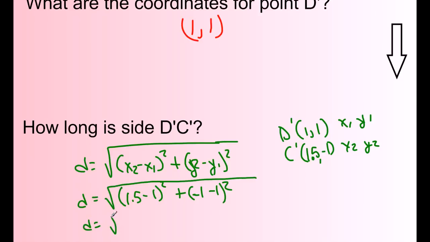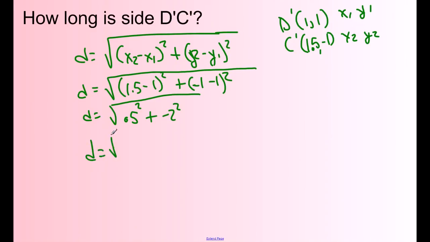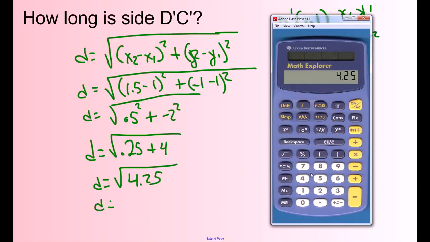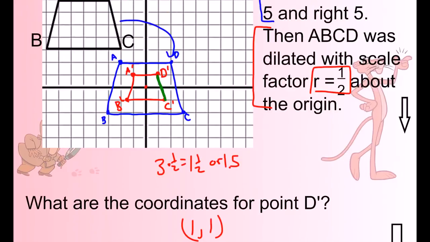D equals the square root of 0.5 squared plus negative 2 squared. 0.5 squared would be 0.25. Negative 2 squared would be 4. Add those things together, you get 4.25. And finally square root that, and 4.25 square rooted is 2.06. That is the length of side D prime C prime.